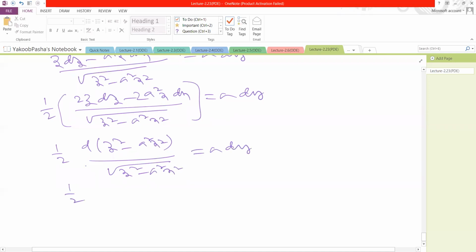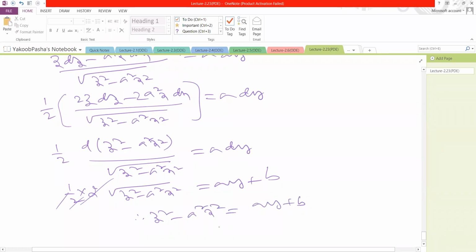So 1 by 2 integration gives root of z square minus a square x square is equal to ay plus arbitrary constant b. So z square minus a square x square is equal to ay plus b. Hence z square is equal to a square x square plus ay plus b whole square. This is the general solution.